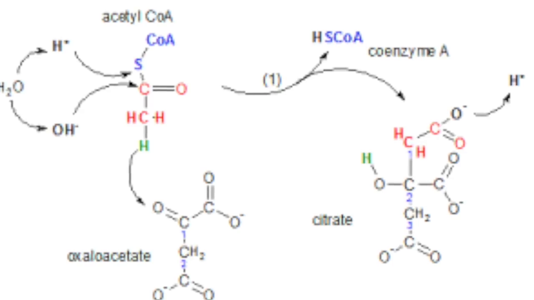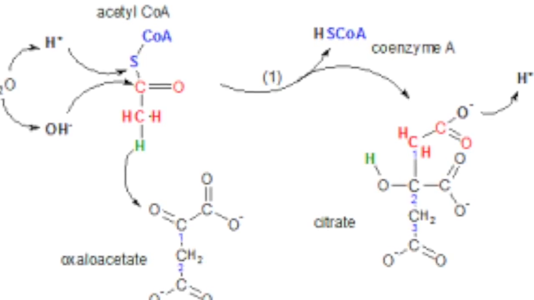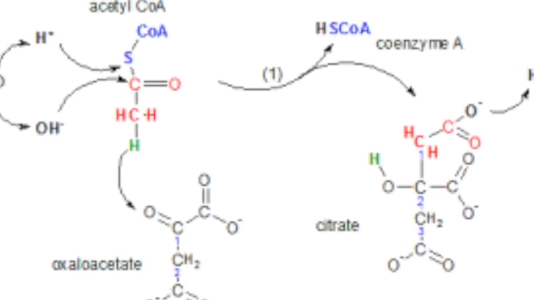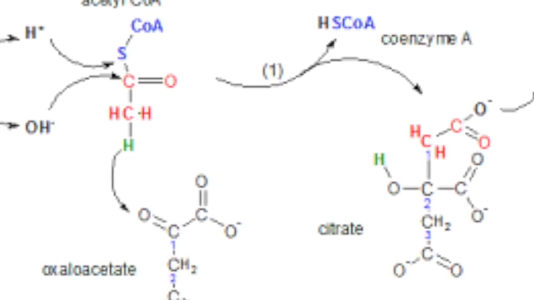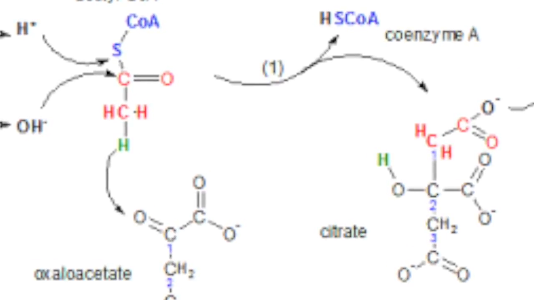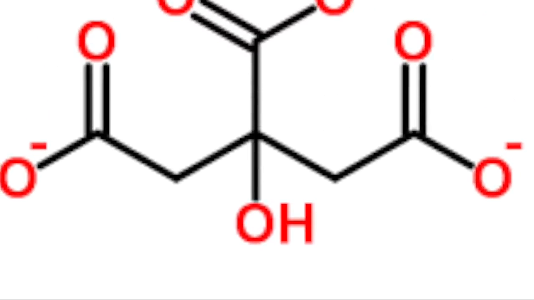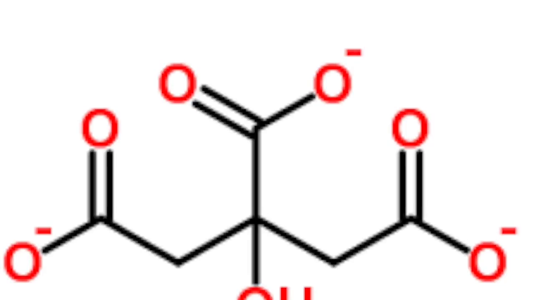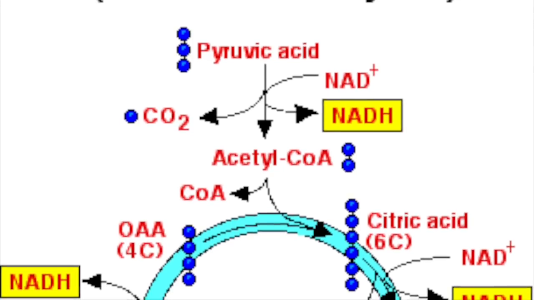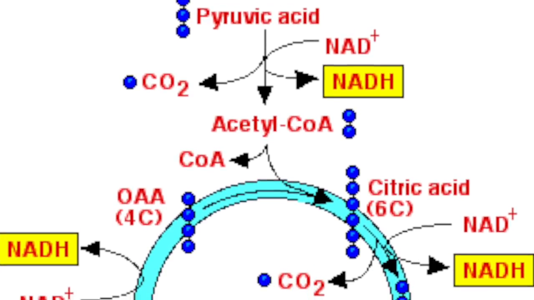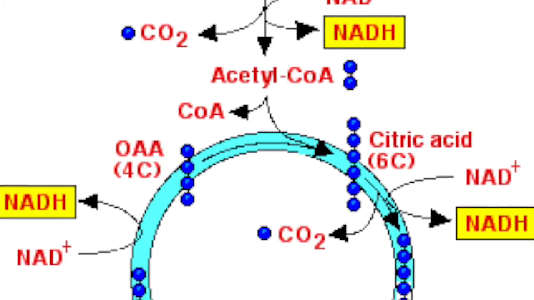It begins with the reaction between a 4-carbon oxaloacetate molecule and a 2-carbon acetyl CoA. This reaction forms a 6-carbon citrate molecule. The final step of the citric acid cycle will regenerate a 4-carbon molecule.